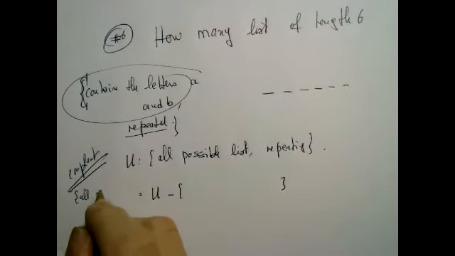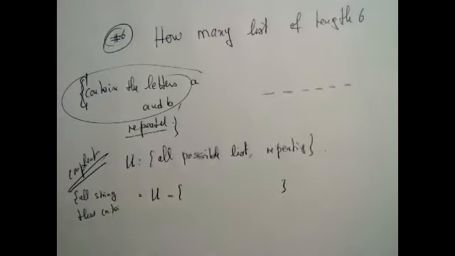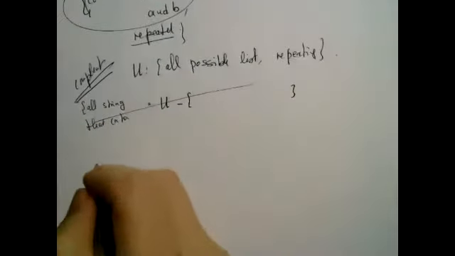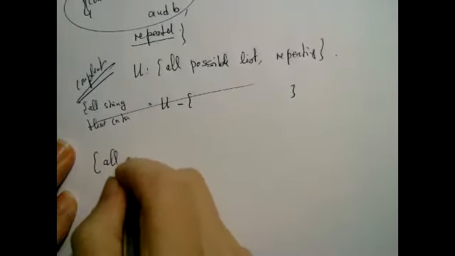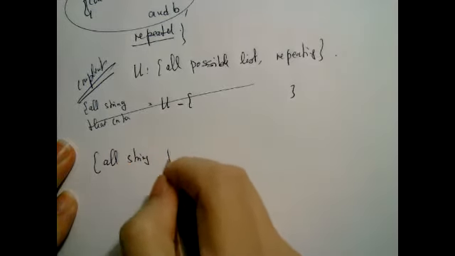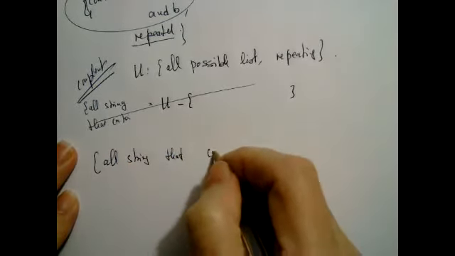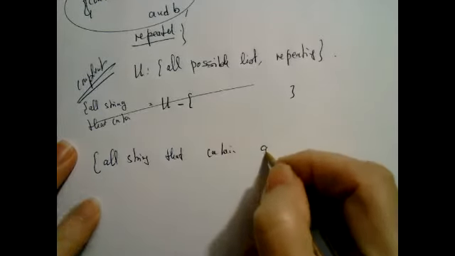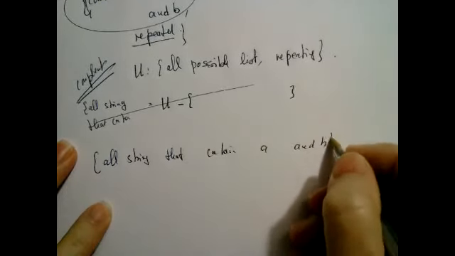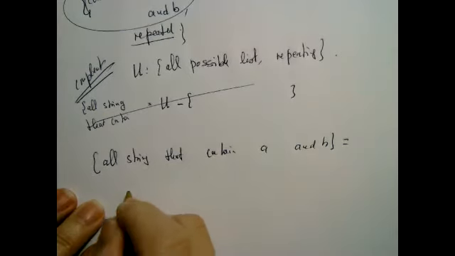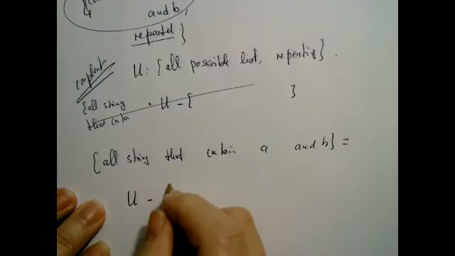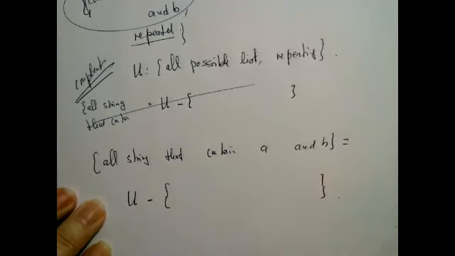So if I take all strings that contain A and B, and I take the complement, it means it's the universe, but what shall I take from it?